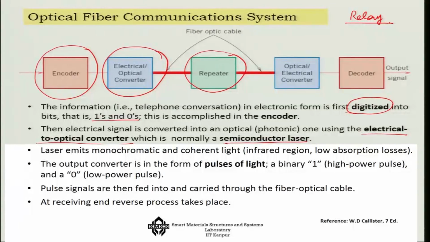The same thing is done here with the help of a repeater, and then at the other end it comes to an optical to electrical converter, and now the signal is in electrical form. So you need a decoder for that, and from the decoder you get the output signal. At the receiving end, this reverse process happens and finally you get the output signal. That is how the optical fiber communication system works.